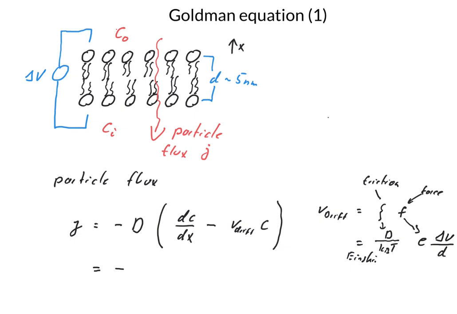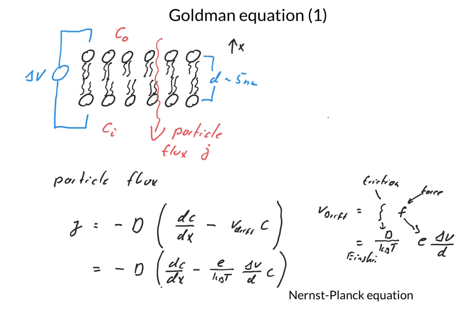Now, combining those, we obtain that the flux is equal to minus D times the gradient of the concentration minus D e divided by kBT times delta V divided by d times the concentration.